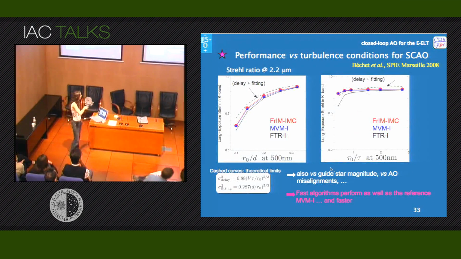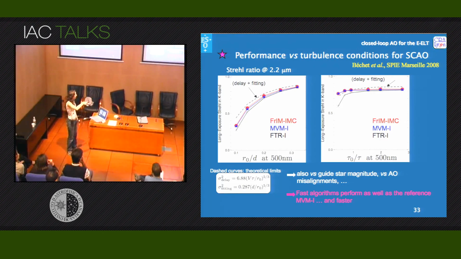Mainly we have done several simulations, and we have concluded that the three algorithms perform really similarly in terms of quality. But the fast algorithms have the advantage that they go much faster than the matrix vector multiply.